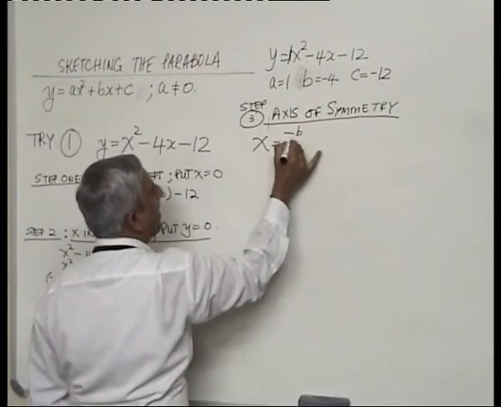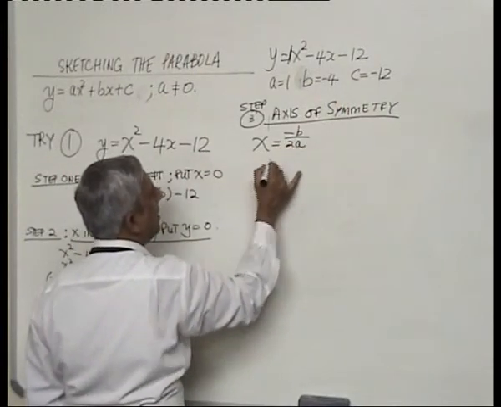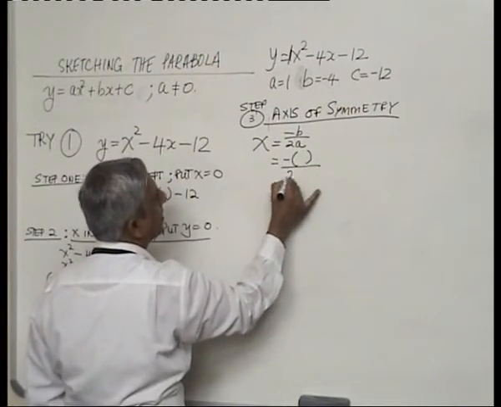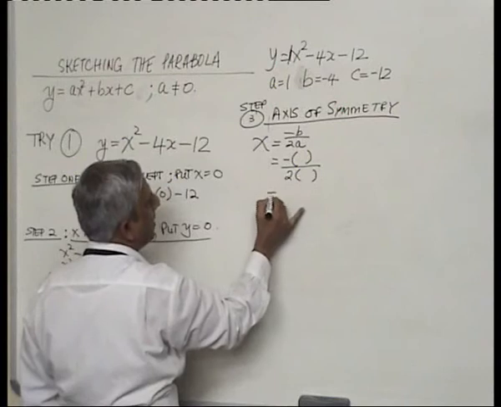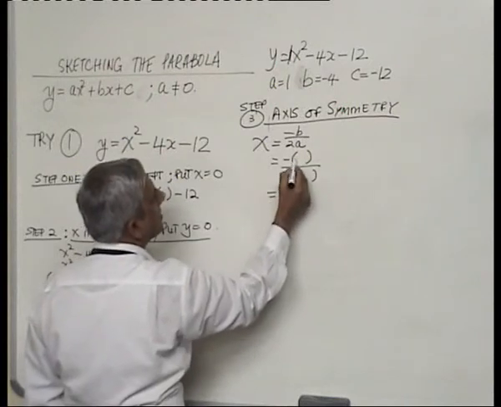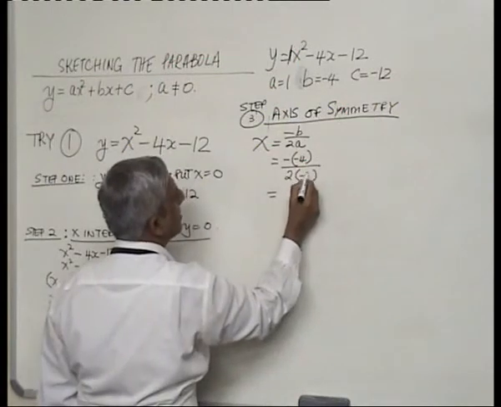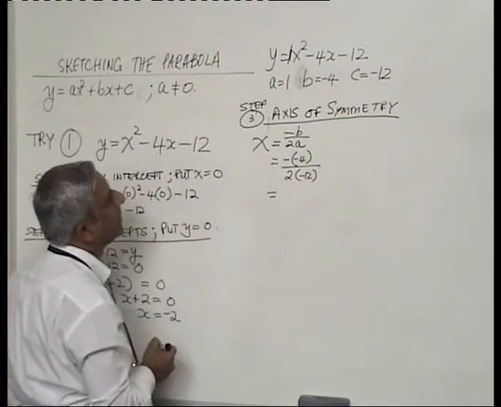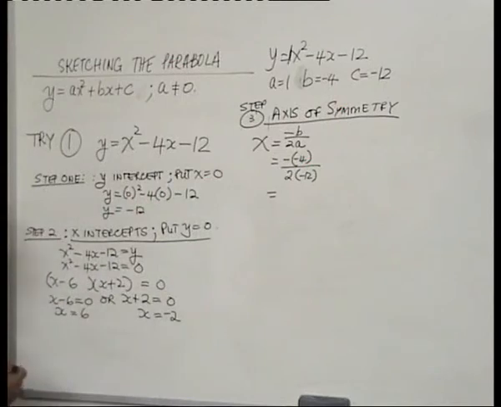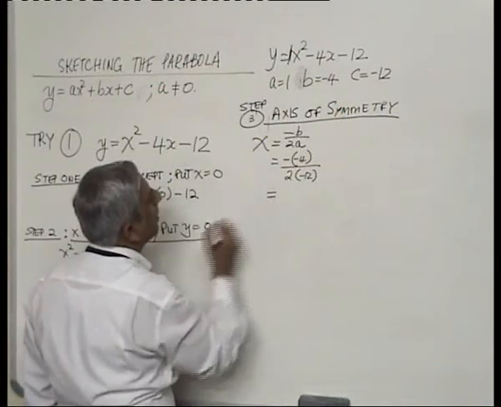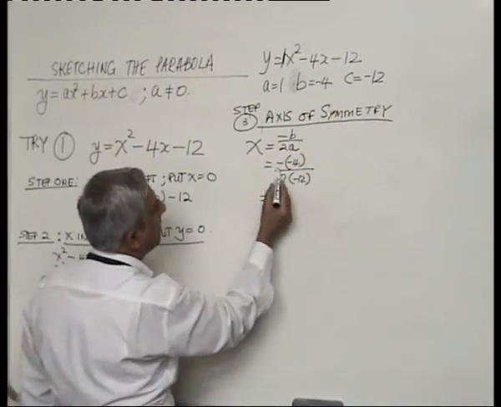So your formula is minus b over 2a, which gives you minus into the value of b over 2 into the value of a. Let's check this again: b is minus 4, c is minus 12. We have a little bit of an untidy number here, but it doesn't matter.